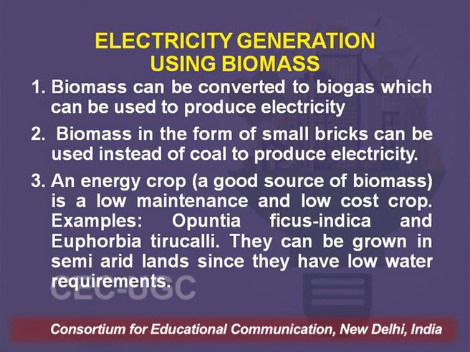An energy crop, which is a good source of biomass, is a low maintenance and low cost crop, for example Opuntia ficus indica and Euphorbia pulcherrima. They can be grown in semi-arid lands since they have low water requirements.